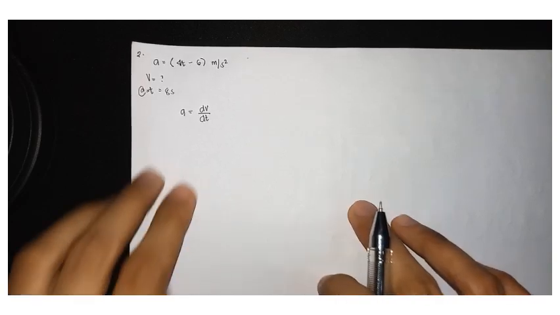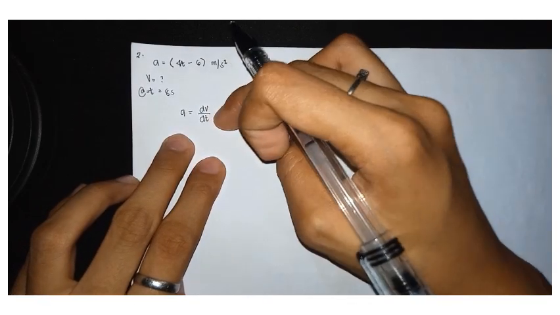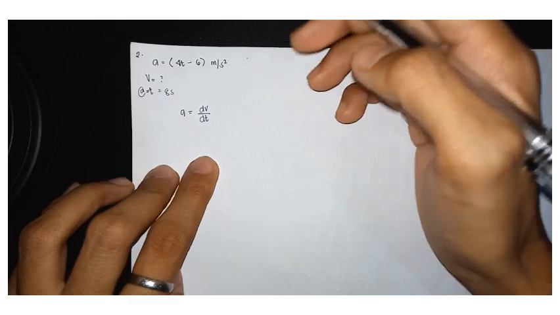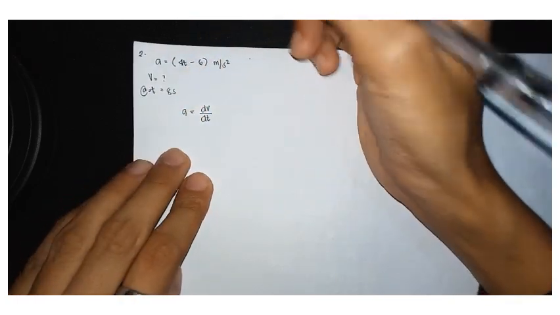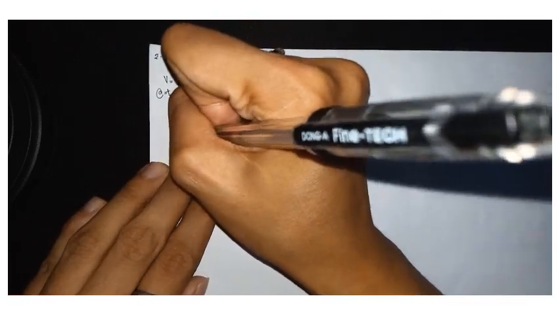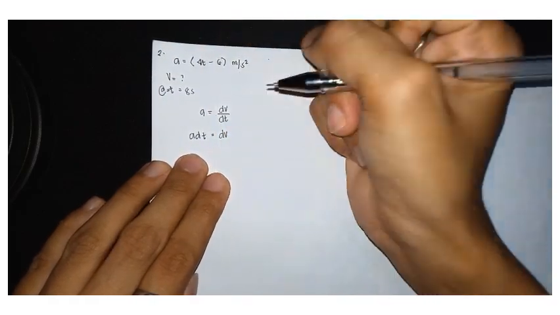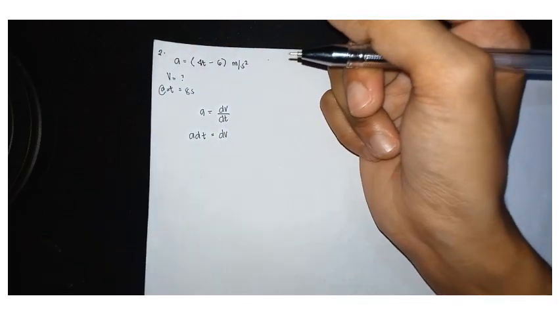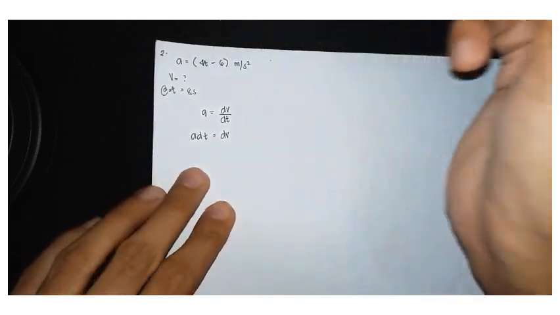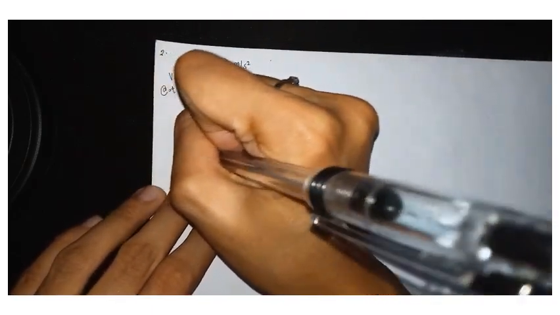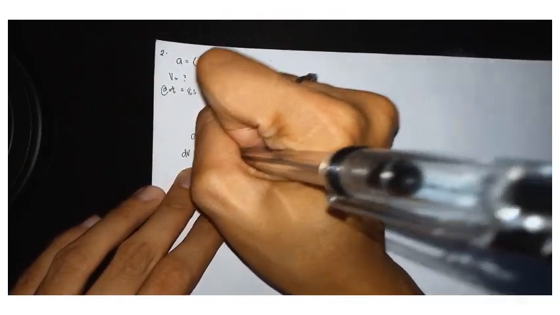So, in this equation, we can form another equation if we cross multiply dt to a. So we can simplify the equation, which is a dt equals dv, or dv equals a dt.